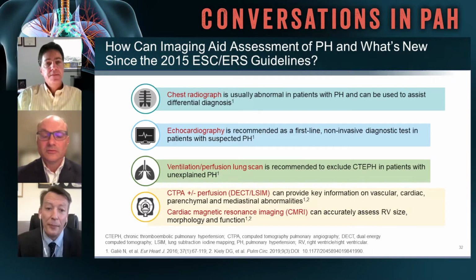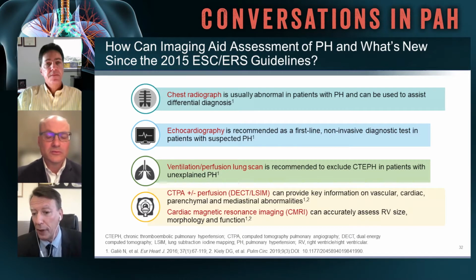And Dr. Humbert, how can imaging aid in the assessment of PAH, particularly in diagnostic algorithms, and what's new since the 2015 guidelines? Yeah, imaging is so important. First, in the diagnostic approach, in adults we always want to identify possible CTEPH, even though we discuss mostly PAH today.